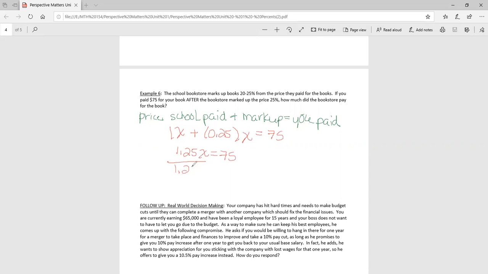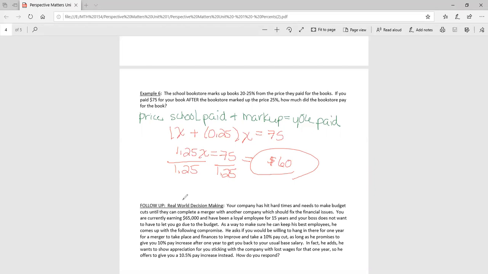And when I divide that, that ends up giving me the price that the bookstore paid, which is $60. Now it does not work to just take 25% of the 75. That will give you a wrong answer. 62.50 is incorrect.